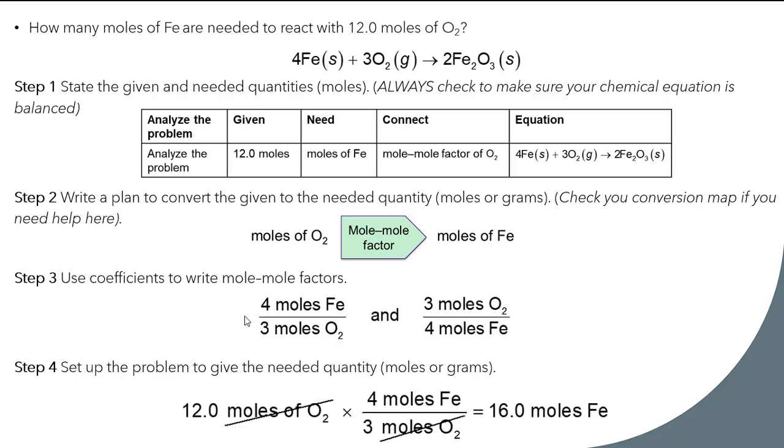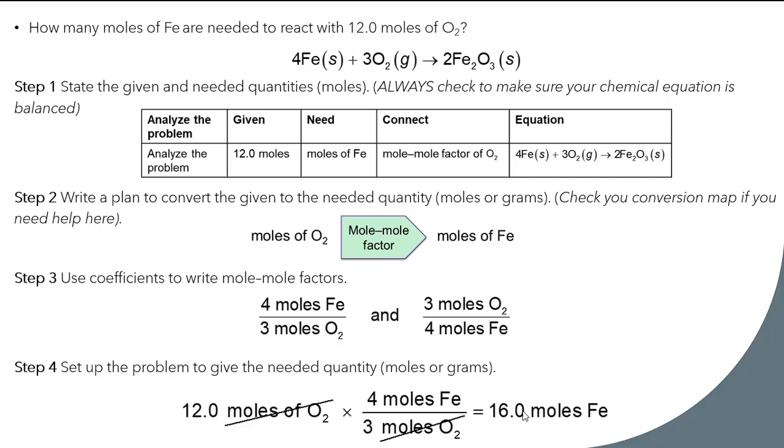Now step 4, set up our problem, plug in our actual numbers in order to do this conversion. Start with your given, 12 moles of oxygen, and multiply it by the correct mole to mole factor. Make sure your units cancel out so that you know which mole to mole factor to use, and then plug and chug. So 12 times 4 divided by 3 gives us 16 moles of iron needed if we have 12 moles of oxygen.